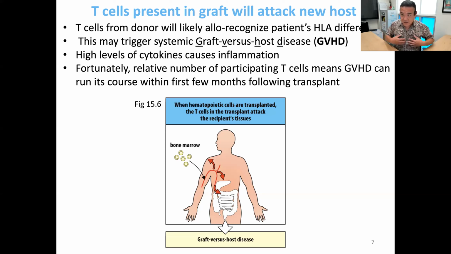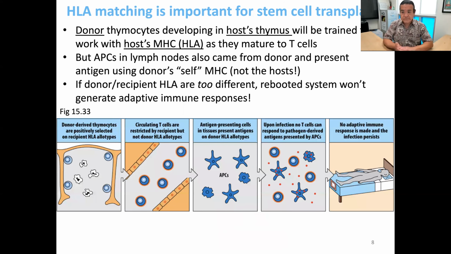And once they disappear, that's the end of all the mature T cells that came over, and the problem stops. So that's okay. That means in the first few months of transplantation, the recipient has to take a lot of anti-inflammatory drugs to keep the inflammation down from this GVHD, or graft versus host disease.